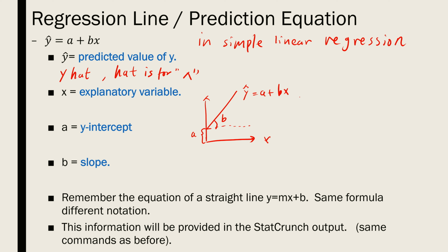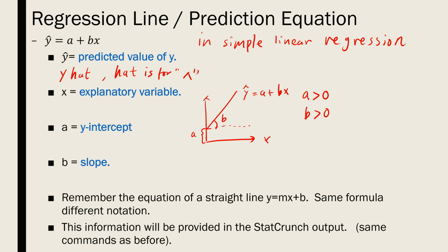Pay attention that this graphic is for A larger than 0, B larger than 0. If your intercept or slope is negative, your regression line will look different.